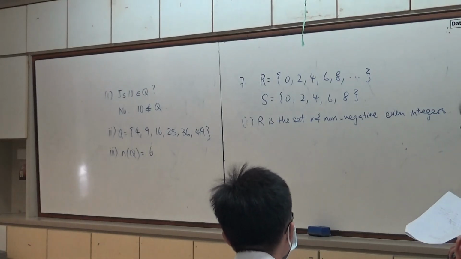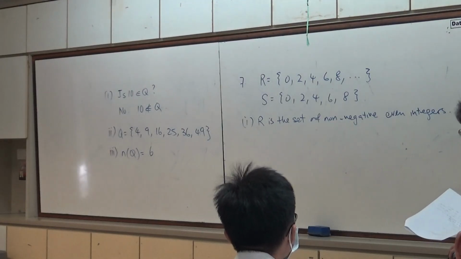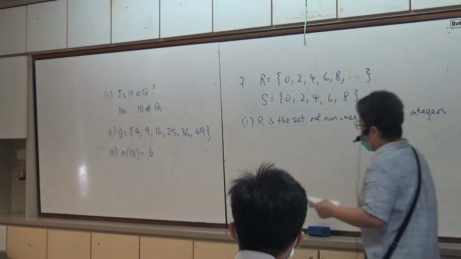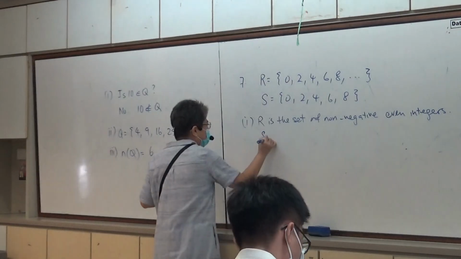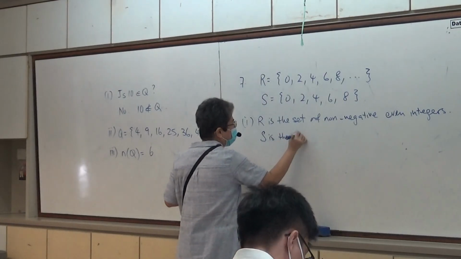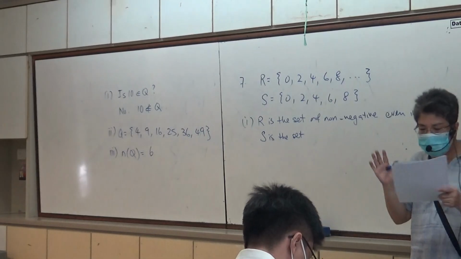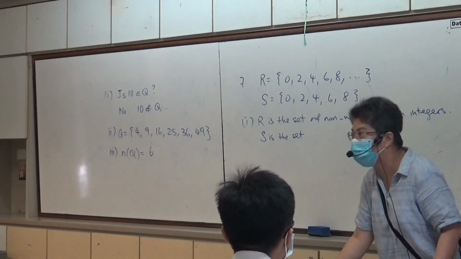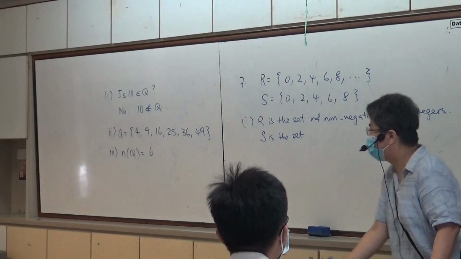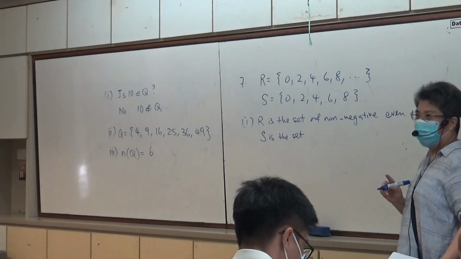Do you agree with me? Yes. Correct. Can you see, right? Non-negative even integers. Okay? Now, then how do I describe S? Non-negative even integers from 0 to 8, between 0 and 8 inclusive.